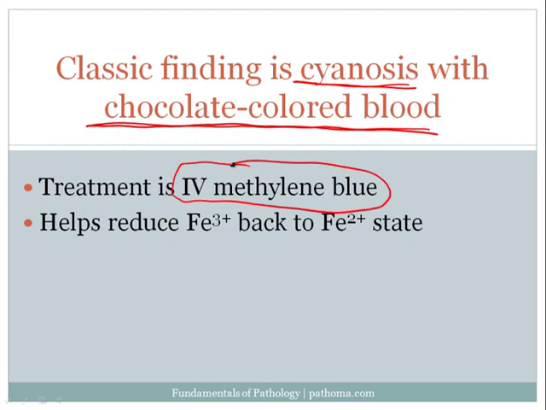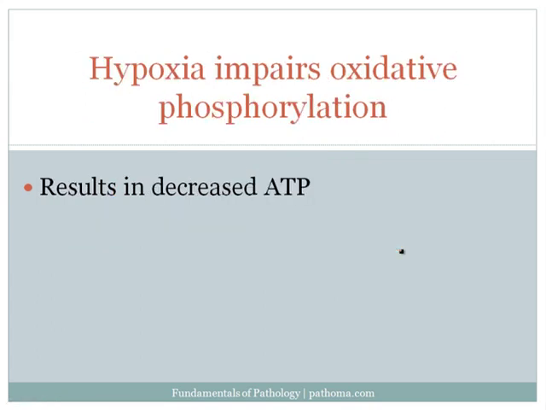It's important for generating the necessary mediators that will reduce iron back to its 2+ state, and I've stated that here by saying that it helps reduce iron back to its 2+ state. If I wanted to summarize methemoglobinemia in just a very simple principle, I would say just remember Fe2 binds O2, and that's going to make it very easy to remember.